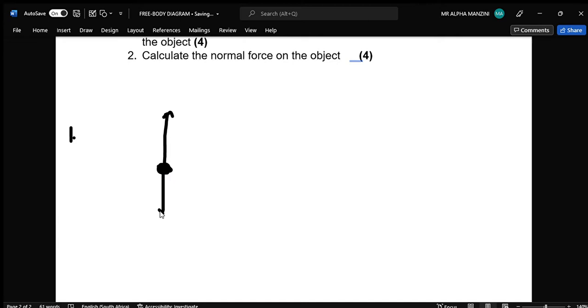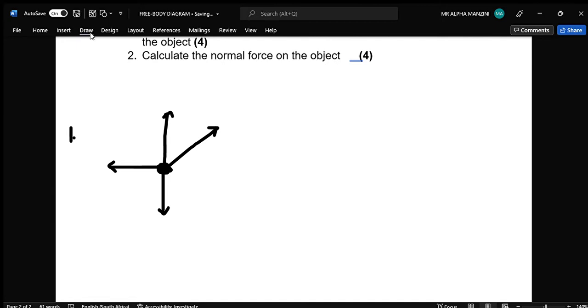They are both perpendicular to the surface, since it's a horizontal surface. And we have this force going opposite to our motion. Then we have this force acting at an angle.